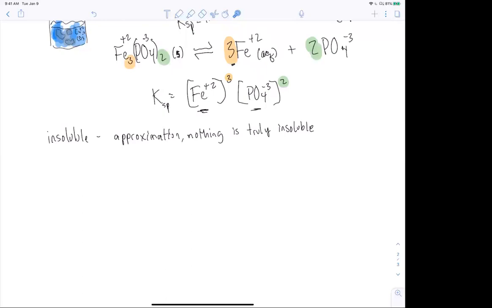We can solve that in the same way that we solved our acid-base problems. That is what I think of these things as being useful for.